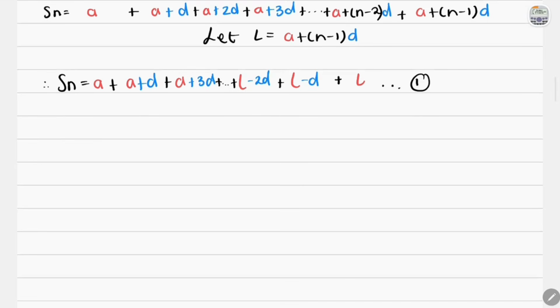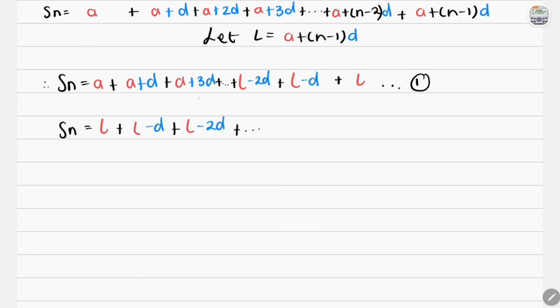And then to form equation number 2, we're just going to rewrite this, but we're going to reverse the order. So instead of writing it as A and then A plus D and then A plus 2D, we'll write it backwards. So this is L, and then the second last term was L minus D, and then the third last term was L minus 2D, and so on.